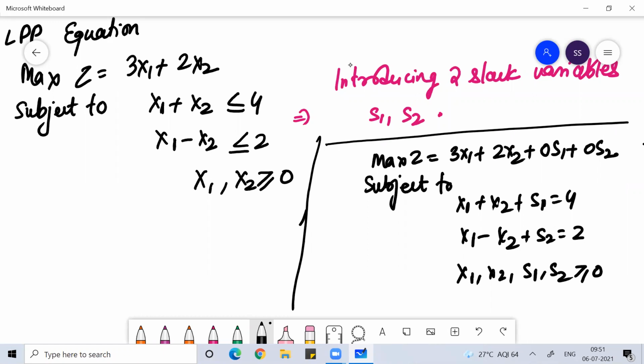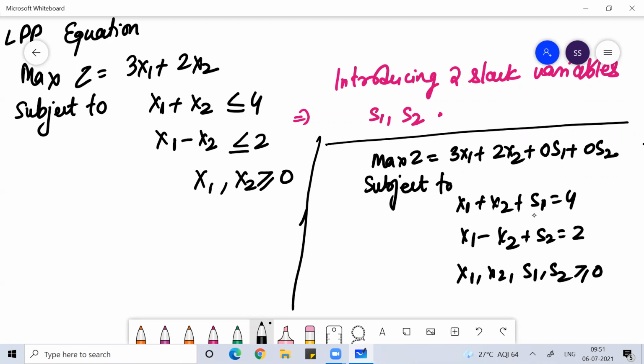I'm trying to replace the constraints having less than or equal to sign with an equal to sign by introducing these slack variables s1 and s2, which are greater than or equal to 0. I want to make sure they do not impact the overall objective function, so I put the coefficient 0 in the objective function.